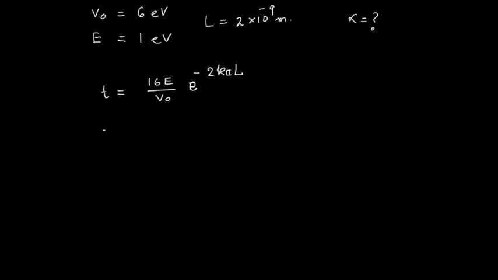So now L can change. If I change L by dL, then T changes by dT. Everything else remains the same, so dT will be minus 2k2 dL. If L increases, obviously the tunneling probability will reduce.